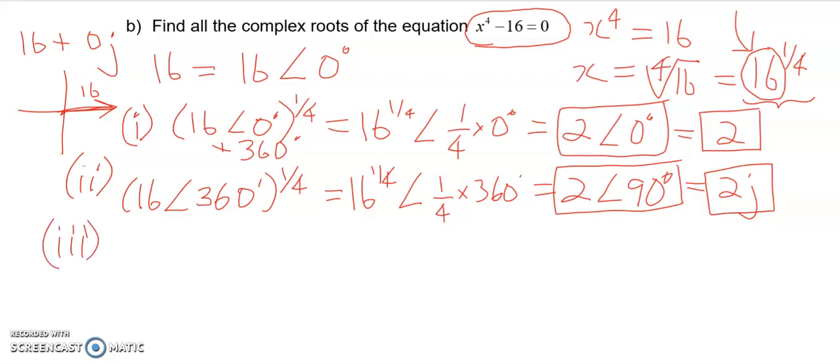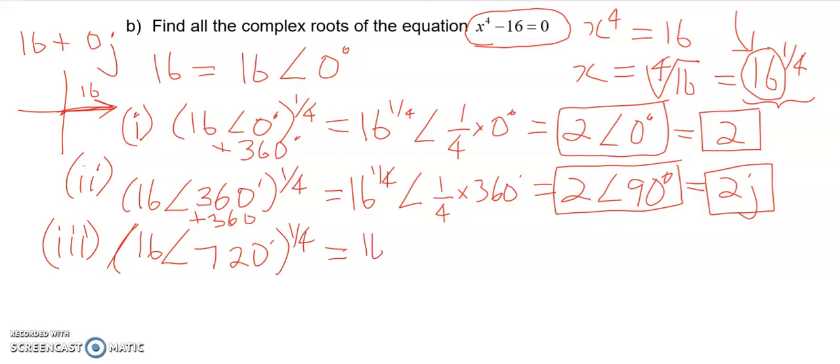Third root. We have 16 again, angle symbol. Now add 360 to the 360 in your last calculation. So that becomes 720 to the 1 over 4.